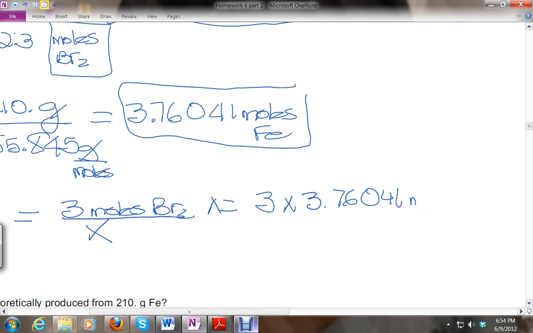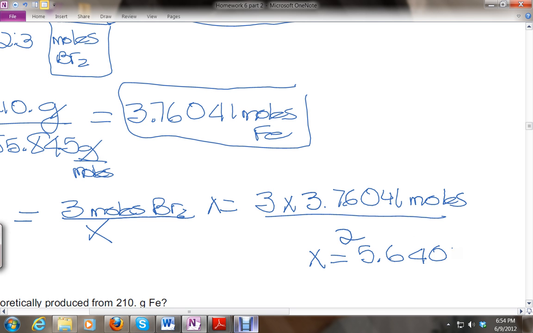So x is going to give you 5.6406 moles of what? What we were trying to find out, the moles of bromine.